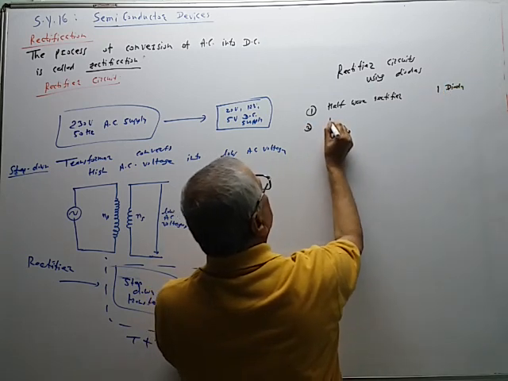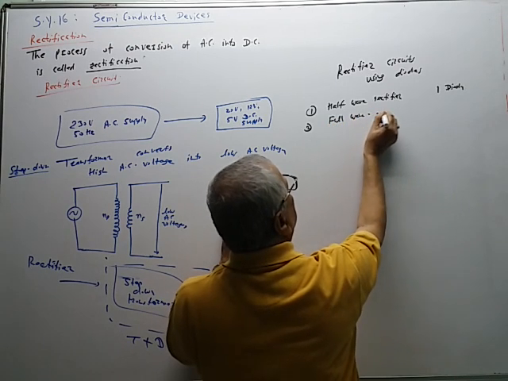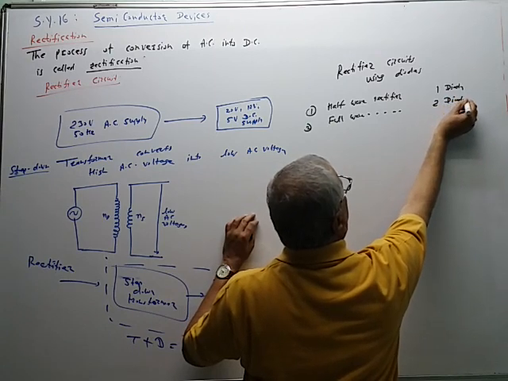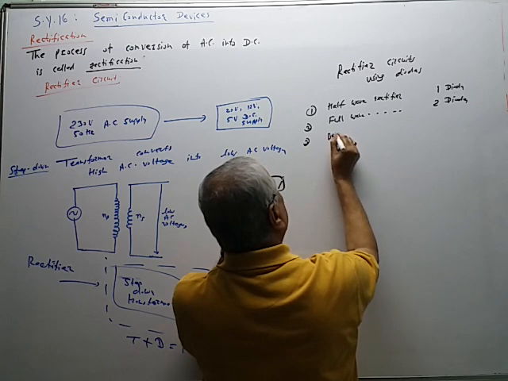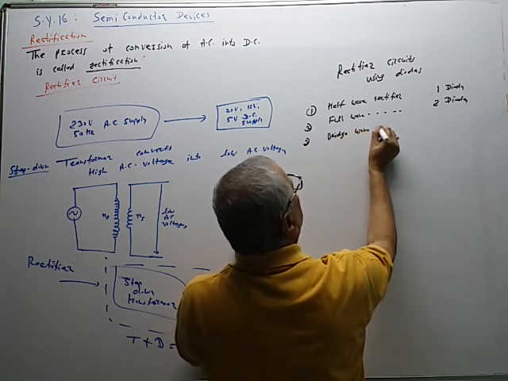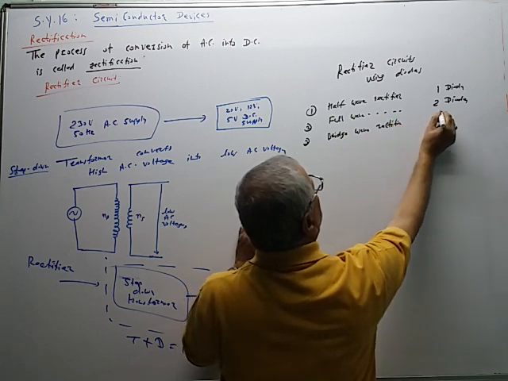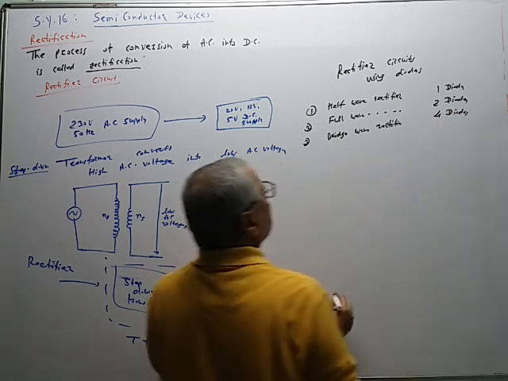Second one is a full wave rectifier. It uses two diodes. And third one is a bridge wave rectifier. It uses the four diodes like this.